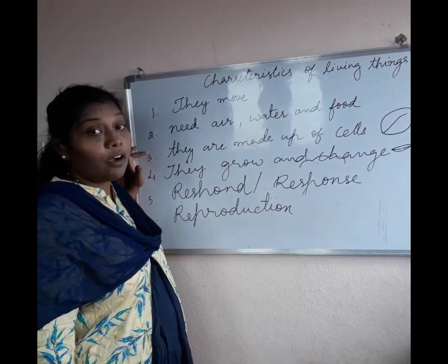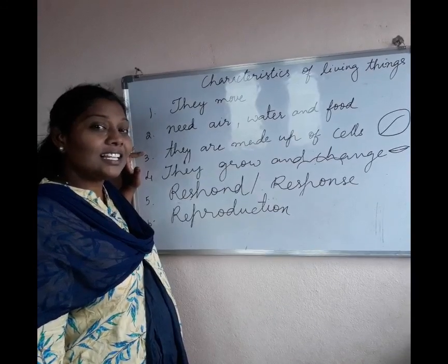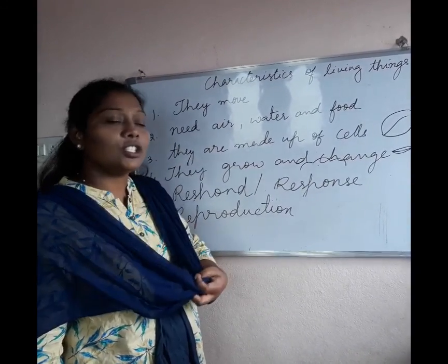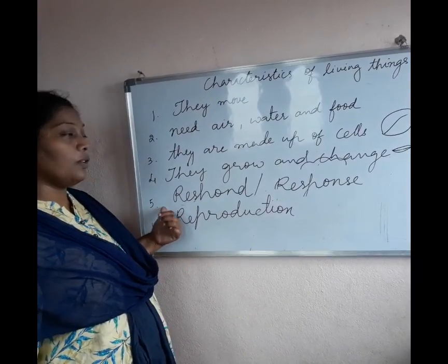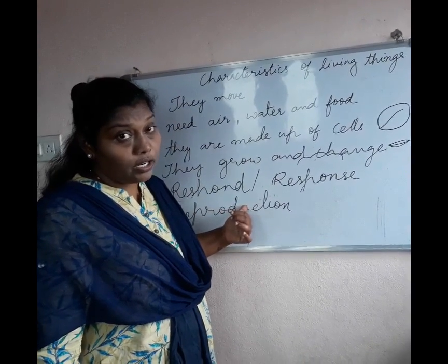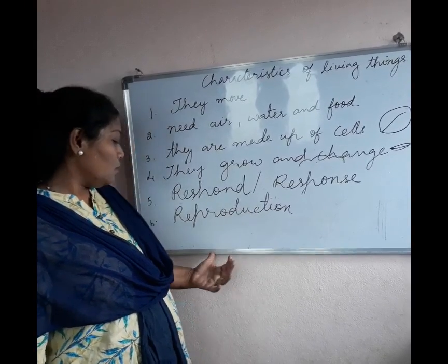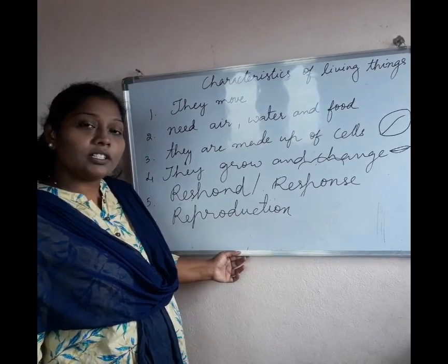They are made up of cells. The fourth one. They grow and change. The fifth one. They respond. What is the sixth one? Reproduction. What is it called, children?